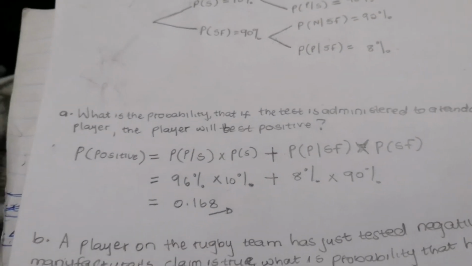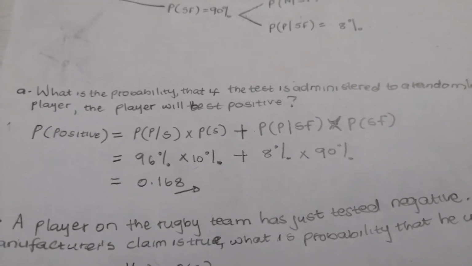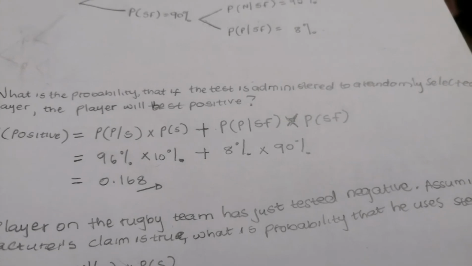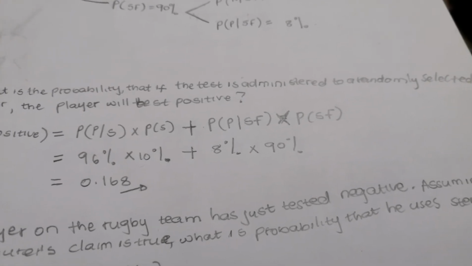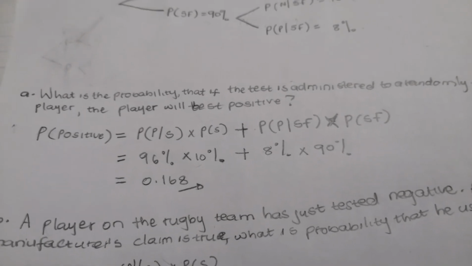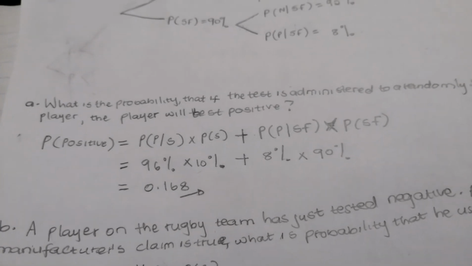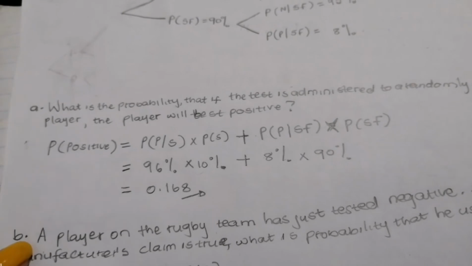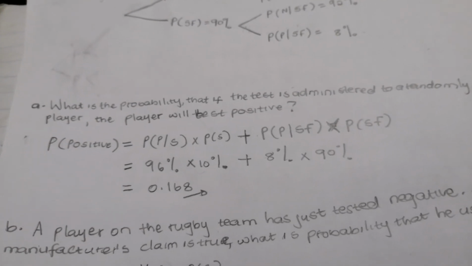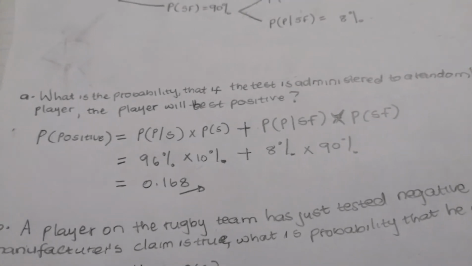So the first question was, what is the probability that if the test is administered to a randomly selected player, the player will test positive? So simply it means that we should find the probability of positive, right? Probability that the player will be positive.